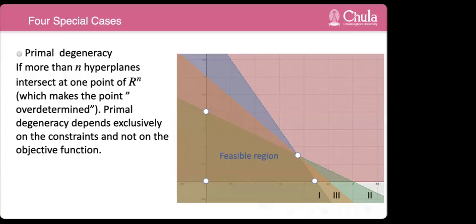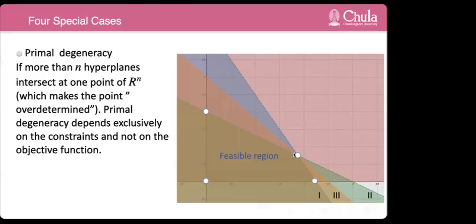Consider this case. If our solution is here, however, we have three constraints defining this corner. So you see that this corner is excessively defined, because it's defined by more constraints than we need, right?